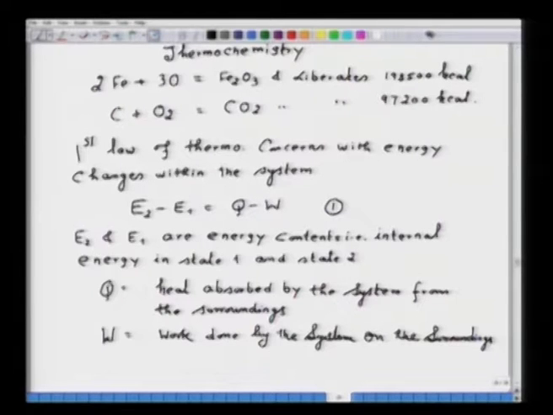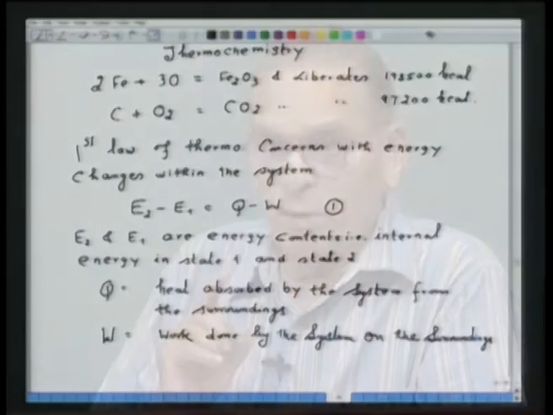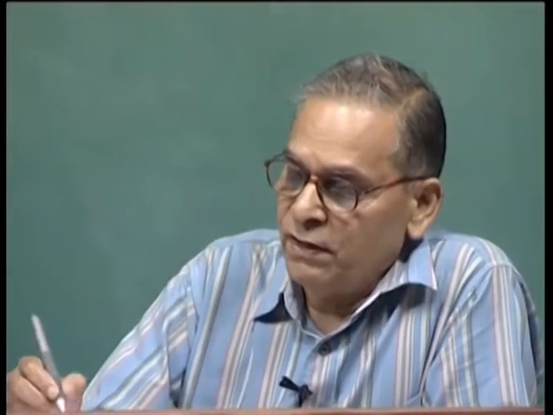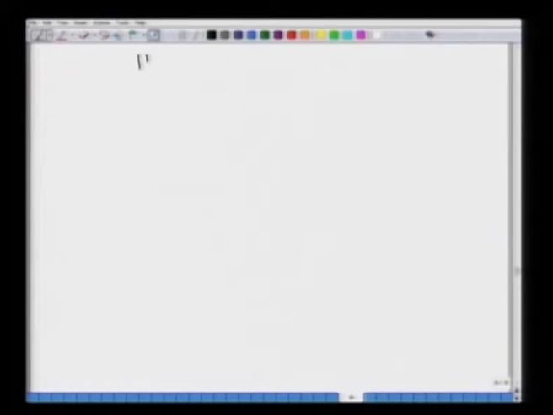Now, heat content or enthalpy of a system is a thermodynamic property with which we are concerned. So, this heat content or enthalpy, thermodynamic property H, is equal to E plus PV, where P is total pressure and V is total volume.